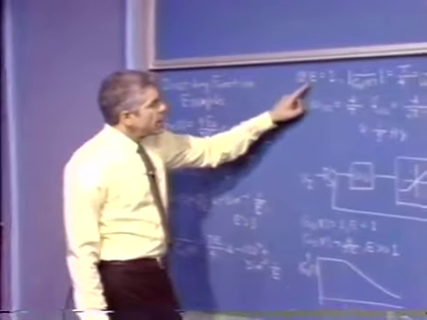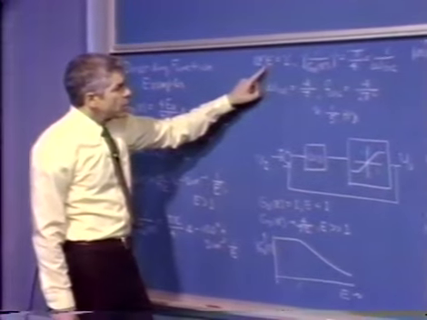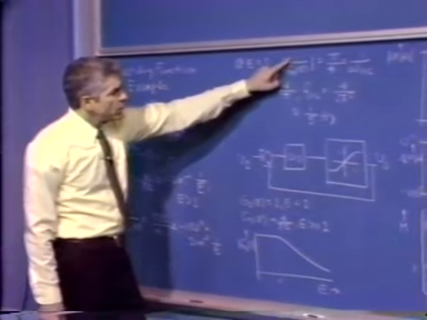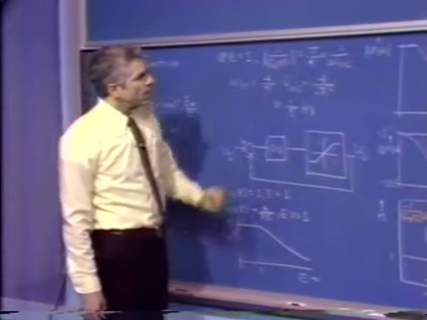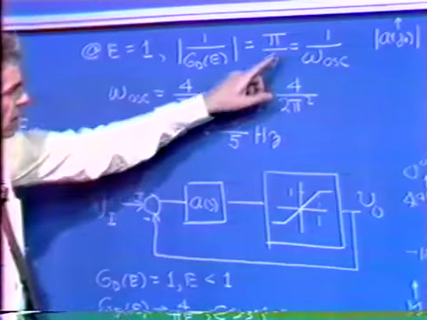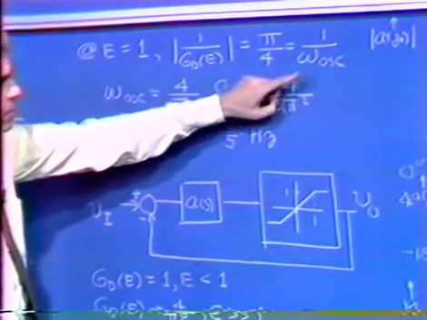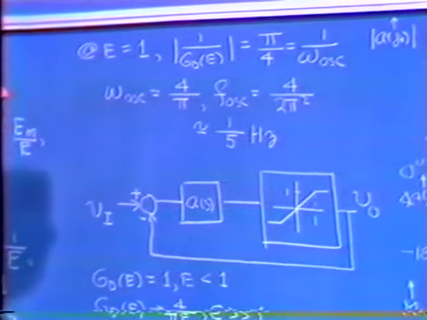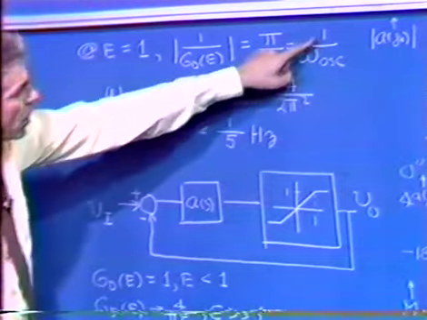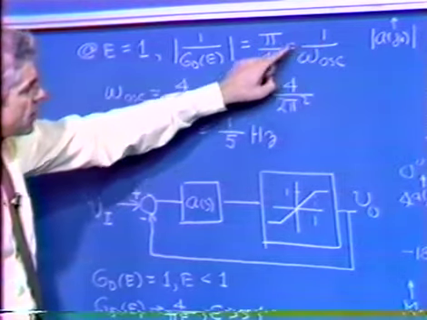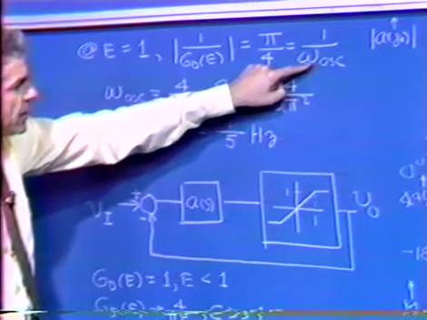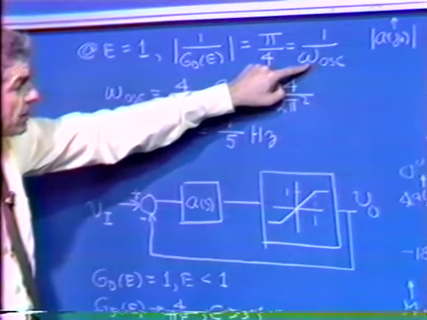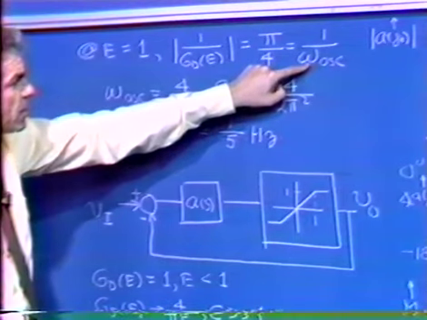Notice that for E equals 1, the magnitude of 1 over GD of E is simply pi over 4. But since there's an intersection with the transfer function associated with the linear elements, we conclude that 1 over omega is the magnitude of the transfer function of the linear portion of the system, the integrator.